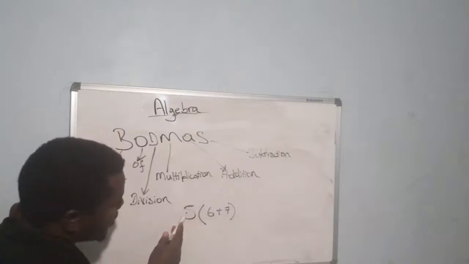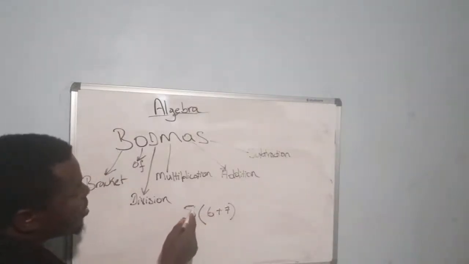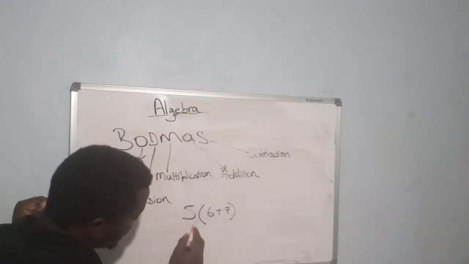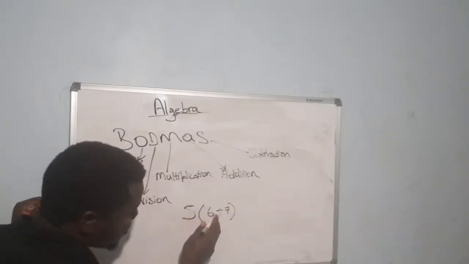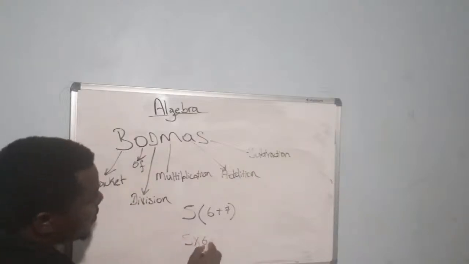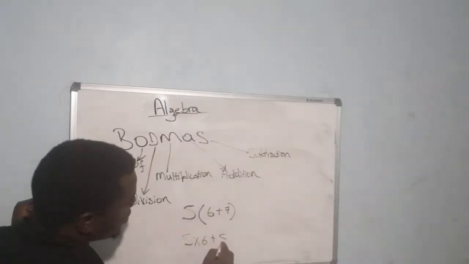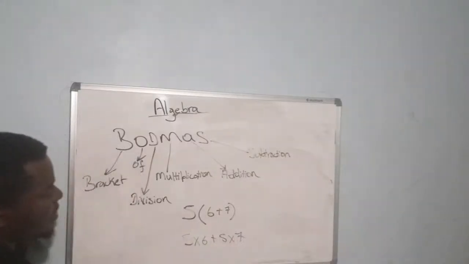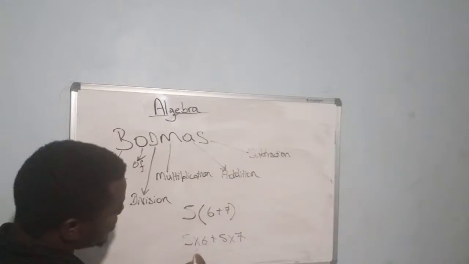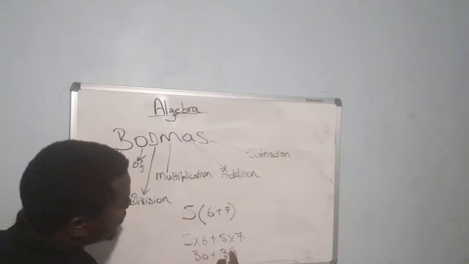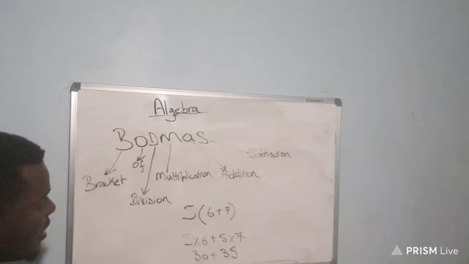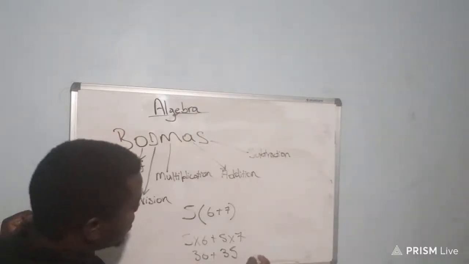This outside of the bracket affects whatever is in the bracket. So you now need to use this to multiply whatever is in the bracket. So it is 5 times 6 plus 5 times 7. That is basically 5 times 6 is 30 plus 5 times 7 is 35. And if you want to arrive at an overall answer, that would equal 65.